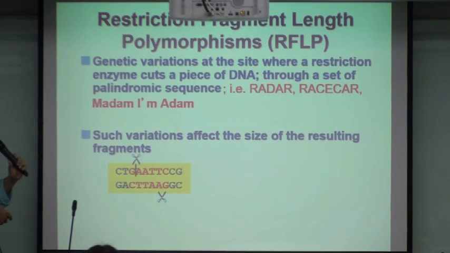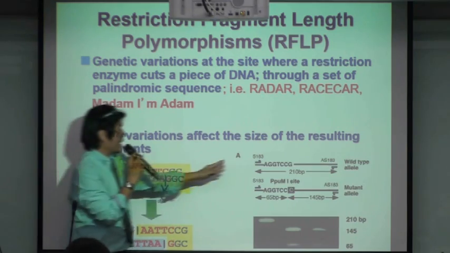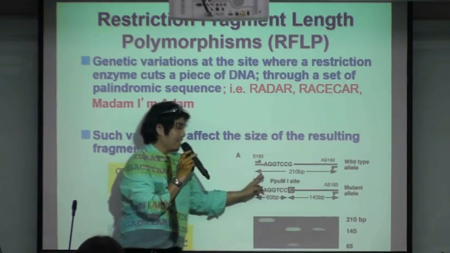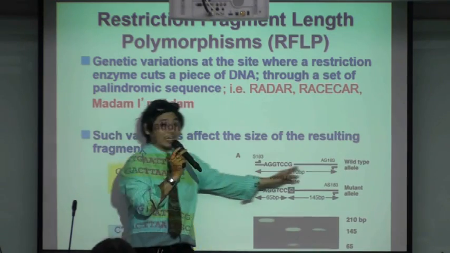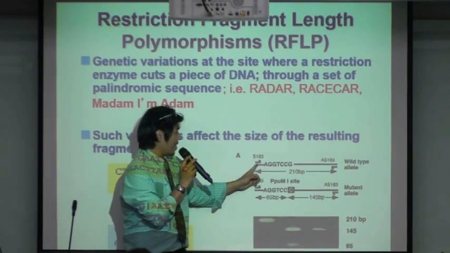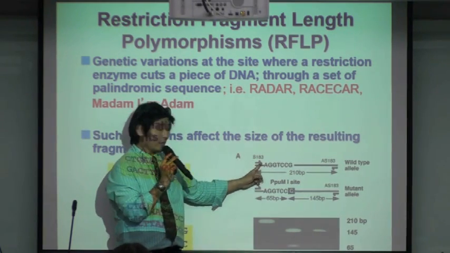Okay. So if you have a product of interest which is about 210 base pair here, that could be a wild type product with a base at particular position that we look at, like this one.